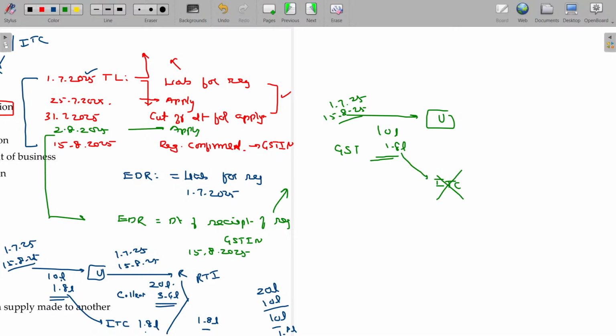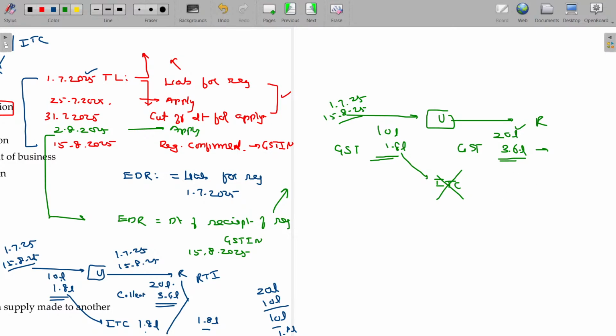No, you are disallowed. And you are supplying to the recipient, supply being 20 lakhs and the GST payable on this being 3.6 lakhs. Now the question is, can I collect from the customer? No, you cannot collect from the customer. You can collect only 20 lakhs. This 3.6 lakhs you cannot collect, but you have to pay.